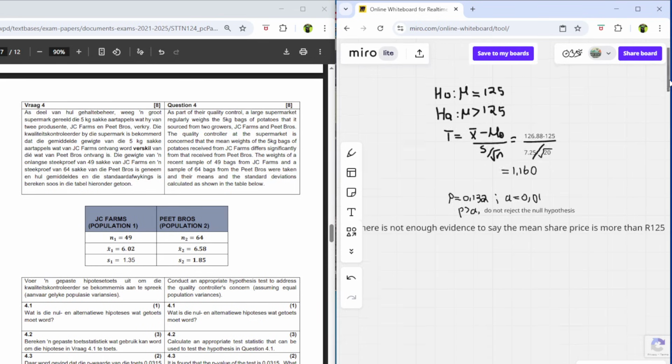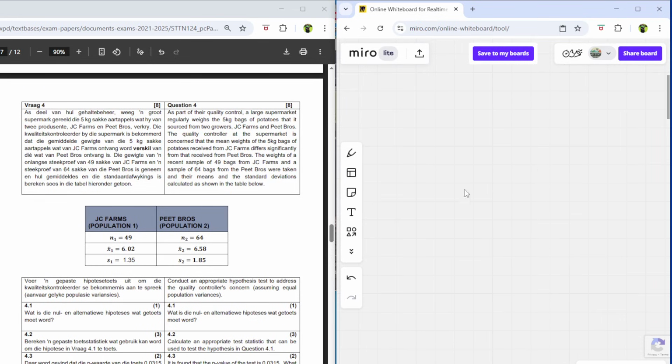Now question 4. Question 4 is hypothesis testing for two populations, and both samples are large. Let's read the information. As part of their quality control, a large supermarket regularly weighs the 5 kg bags of potatoes that it sourced from two growers, JC Farms and Pete Bros.